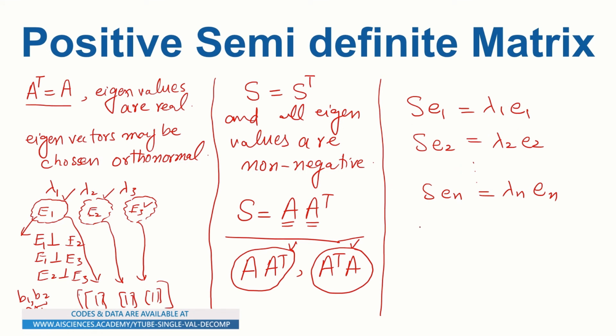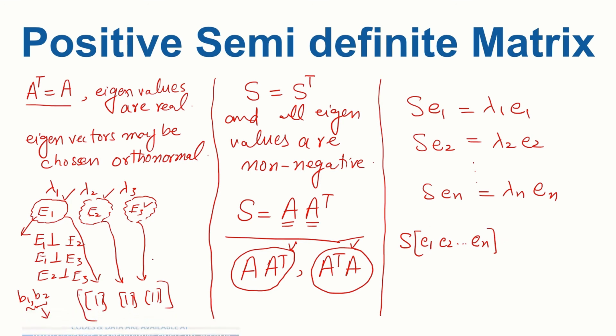If we combine all these, we can write S times the matrix E1, E2, En. This is a matrix of all eigenvectors, and all these eigenvectors are orthonormal, because of this process. And this can be written as E1, E2, En times a diagonal matrix lambda 1, lambda 2, lambda n. That's a diagonal matrix, zeros there and zeros there.